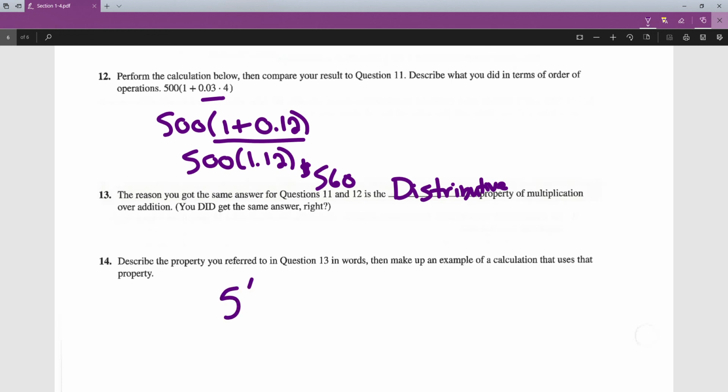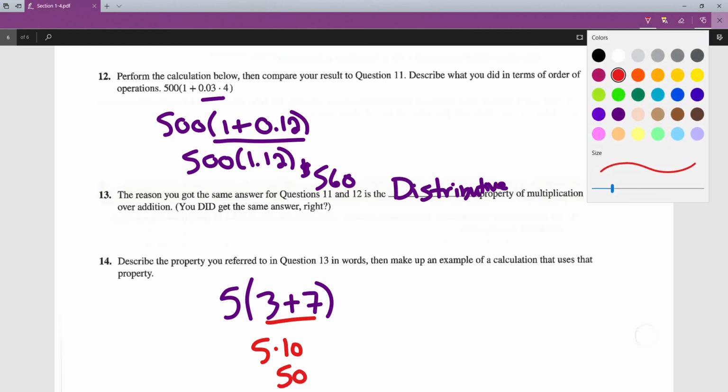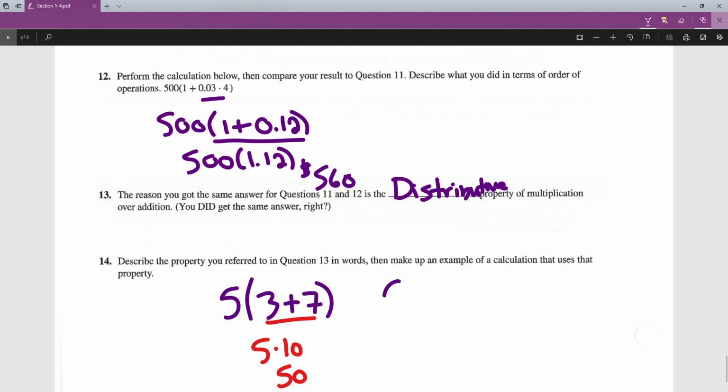If I have 5 times 3 plus 7. Two ways I could do that. I could do it using order of operations, which would say I add first, 5 times 10, which is 50. Or I could use the distributive property. Let's rewrite the problem down again.